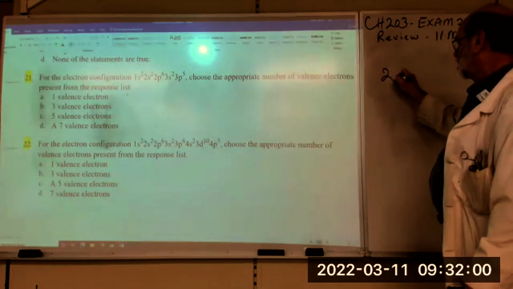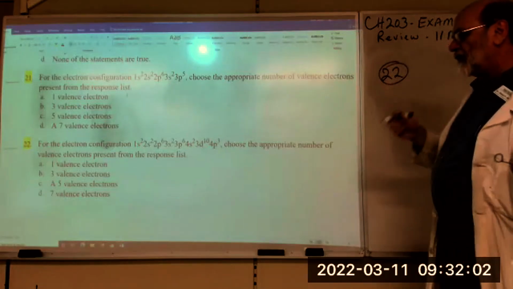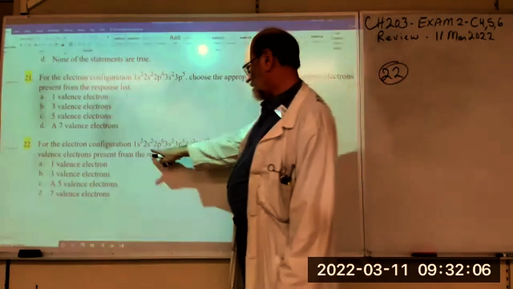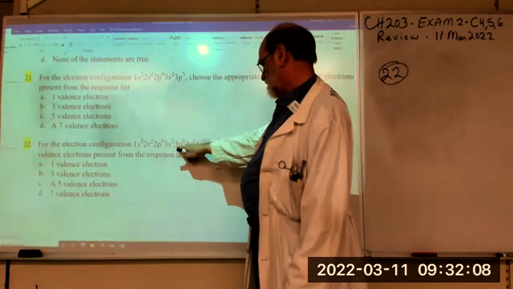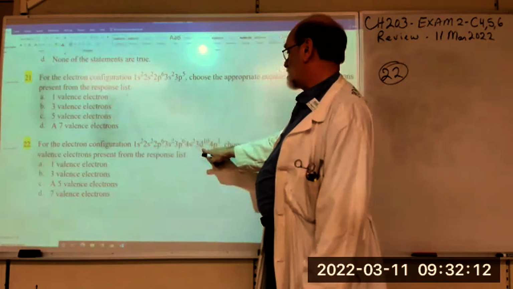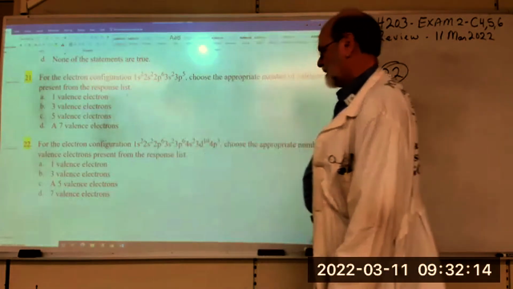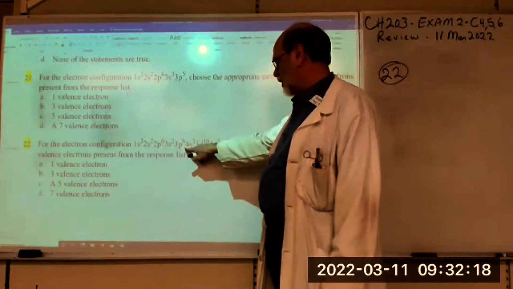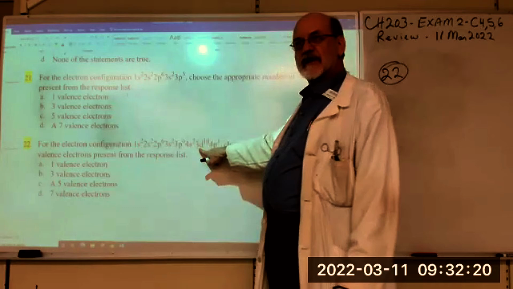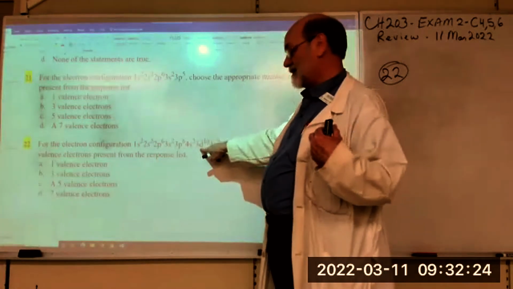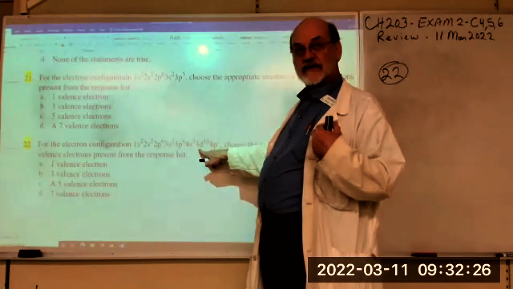22. For this electronic configuration, let's see, does it look kosher? 4s, 3d, 3, okay, looks good to me. Remember, when we get down to 4, we start to cross over the transition metals, and they back up to the 3d's.